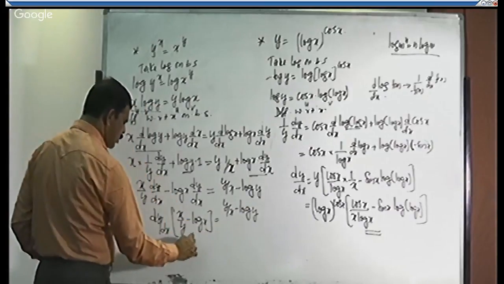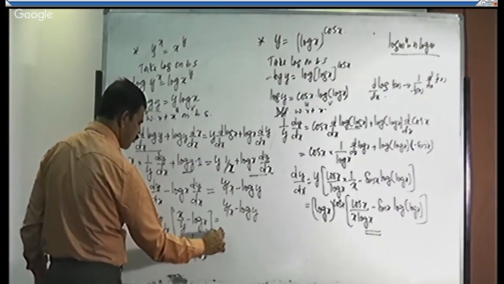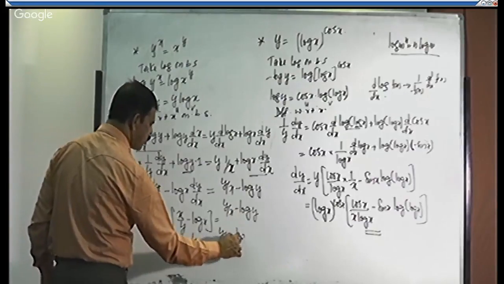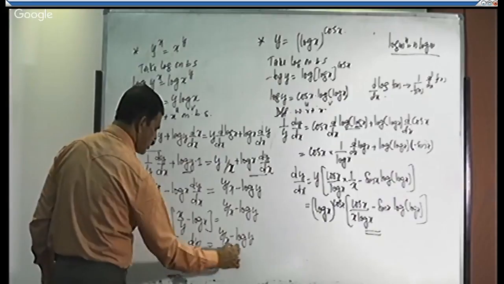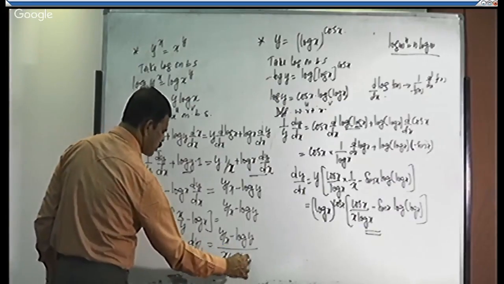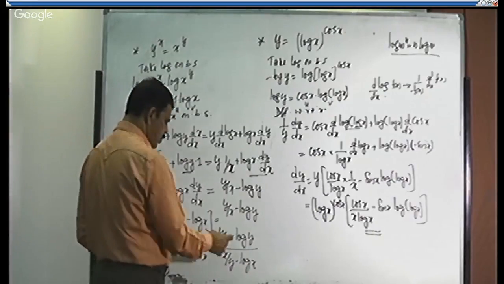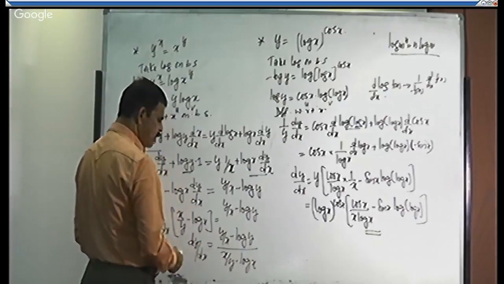Or dy by dx becomes, first write the right hand side term, y by x minus log y, all divided by x divided by y minus log x.